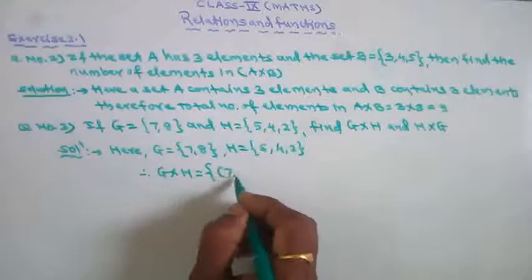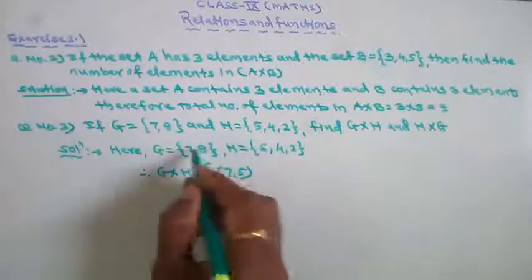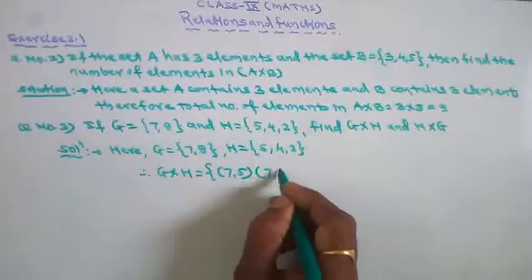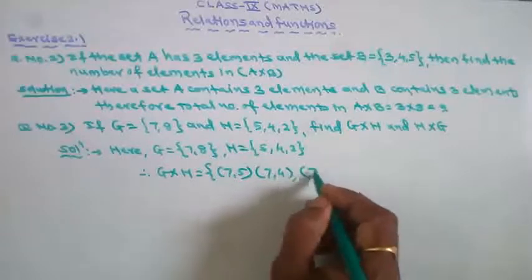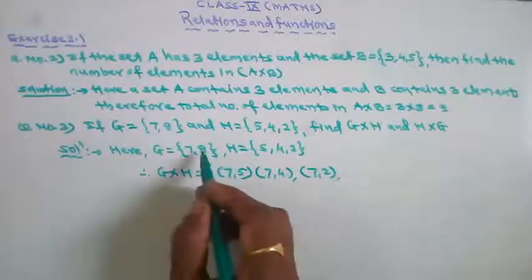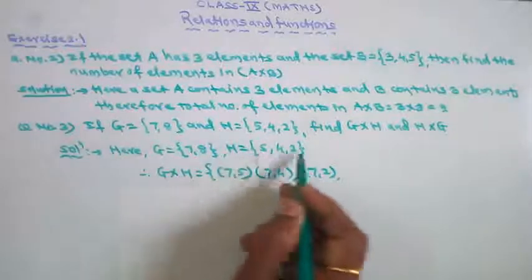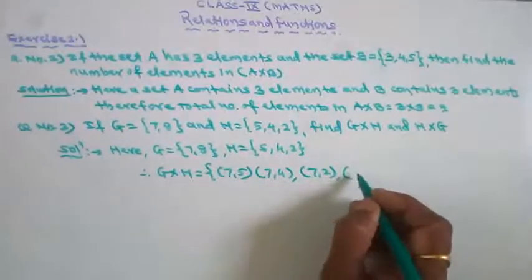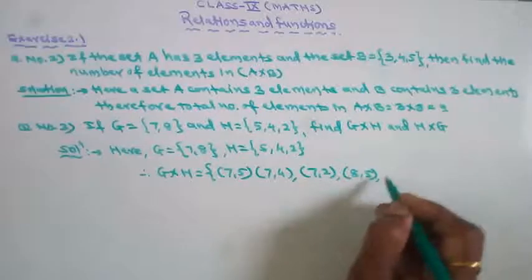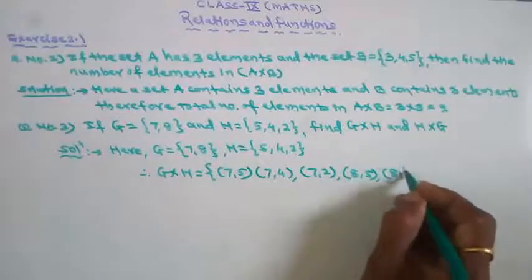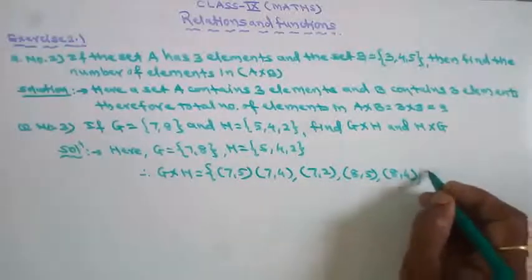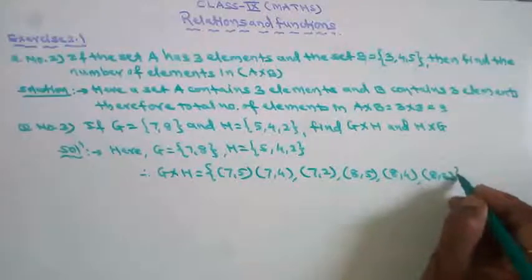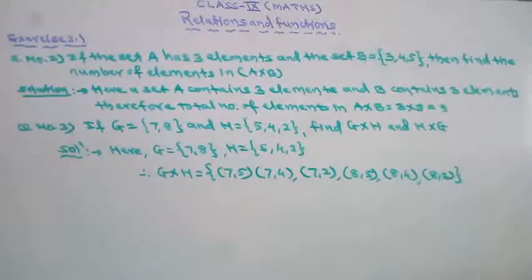So 7, 5, then 7, 4, then 7, 2. Then link this 8 with all these 3 elements: 8, 5, 8, 4 and 8, 2. So this is G cross H.